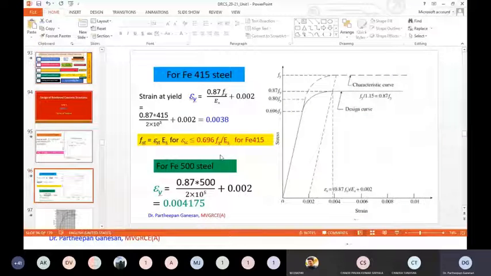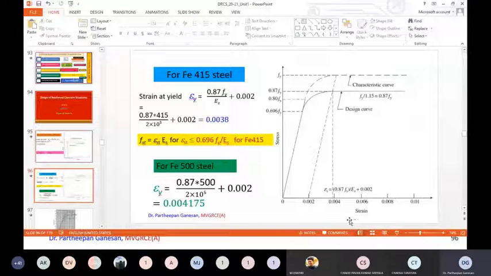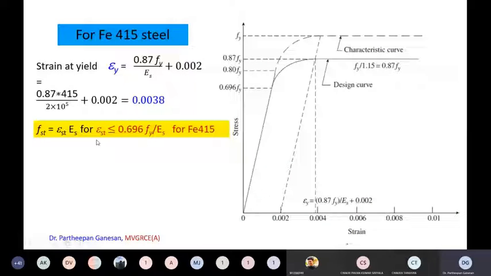This is epsilon St. Okay, so the strain in this, if it is less than or equal to 0.696 Fy by Es, this is strain. We are finding out strain.